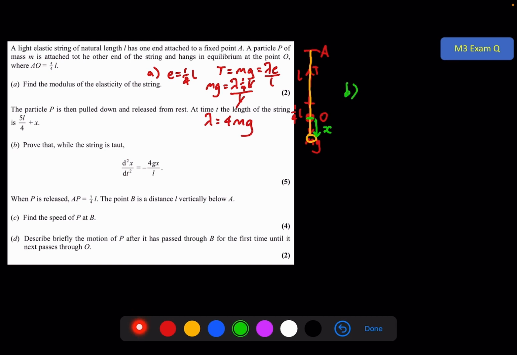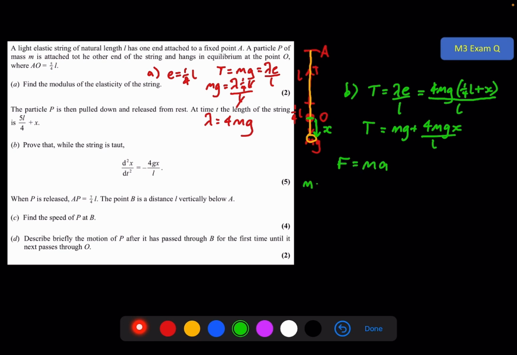At this point, T is equal to lambda e over L, where lambda we know is 4mg, e is now 1/4 L plus x, and L is still just L. So that gives us mg plus 4mgx over L. Then when we put that into our F equals ma equation, which is mg minus T equals m x double dot, we get mg minus mg minus 4mgx over L. This is a more algebraic way of seeing that these two will always cancel out, as we saw in the previous examples.